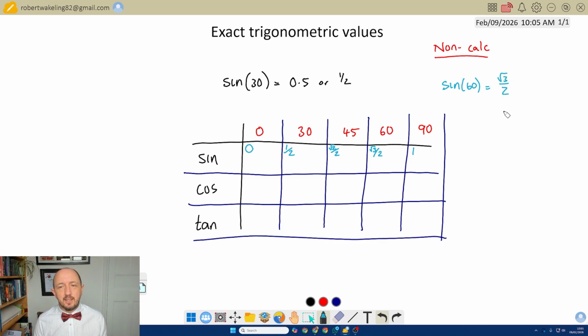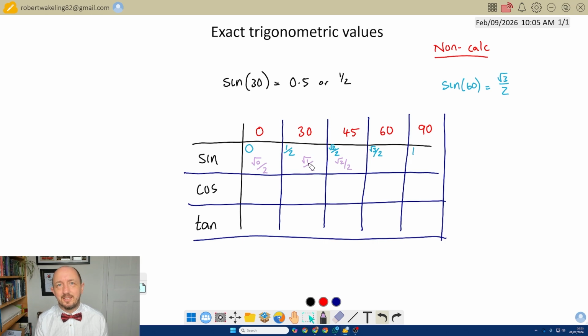Okay. And the reason that I've put it kind of in the top corner like this, because there is a little pattern that some students like, and it goes like this: root on the top, and then always 2 on the bottom. So it's going root 0 over 2. That's 0.